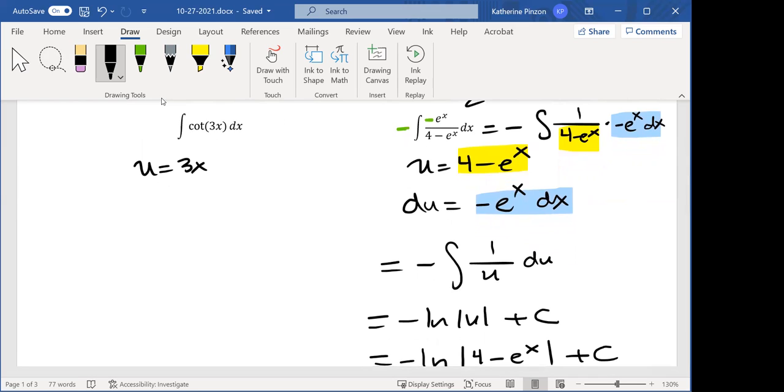Okay, how about this one? Do you know the antiderivative of cotangent of u? I see people looking back through their notes. That's the derivative. What's the antiderivative? I don't know it.